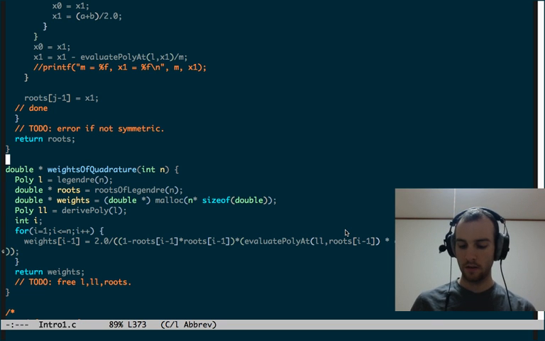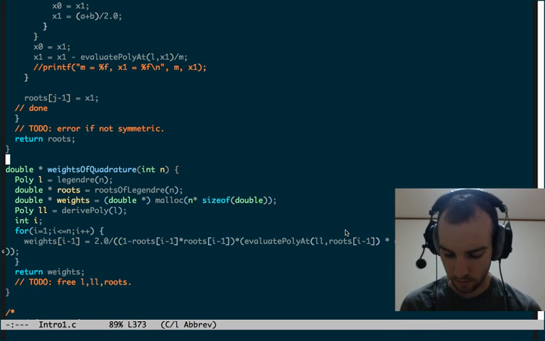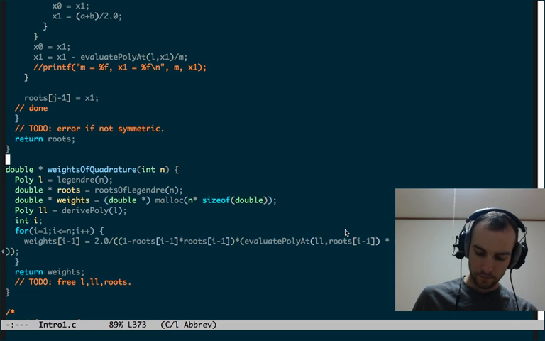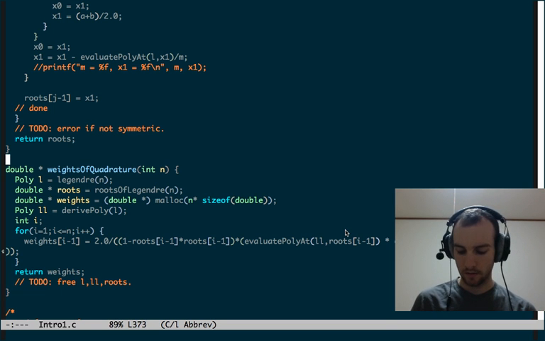So if the function you want to integrate is not a polynomial, but it's close to a polynomial, it looks a bit like a polynomial, maybe with some extra stuff, then you can use the Gaussian quadrature.